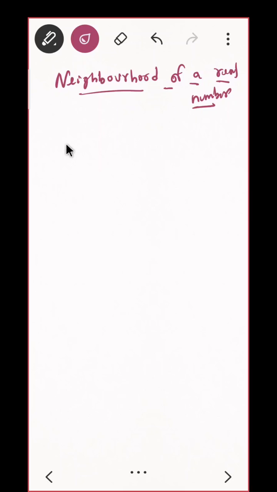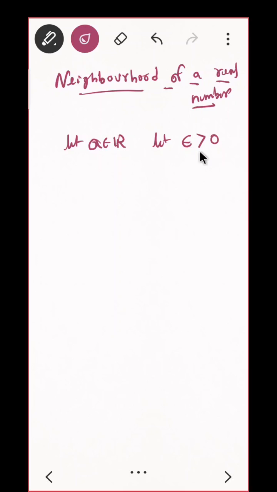Okay, let me start. Let a belong to R, and epsilon be a positive number. Maybe I should say epsilon, because we'll be using this type of notation later on. Epsilon is a real number, don't get scared with this guy.